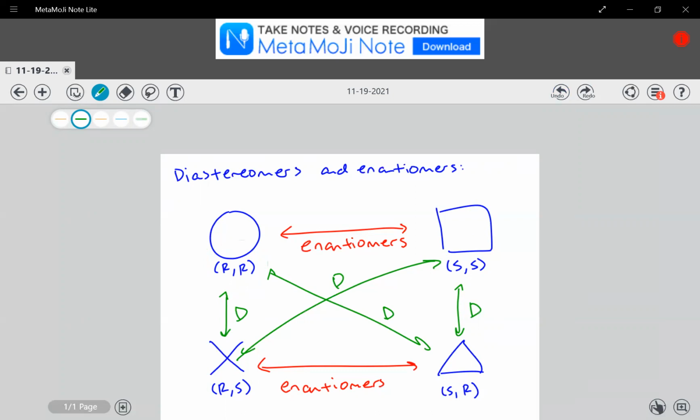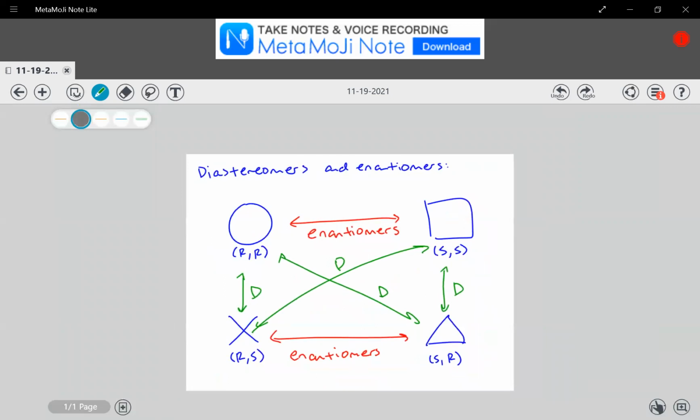So let's go ahead and scroll through where I wrote some. Okay, pretty good stuff. So this all comes down to the final question: how do I determine if something is an enantiomer, a diastereomer, or a meso compound?